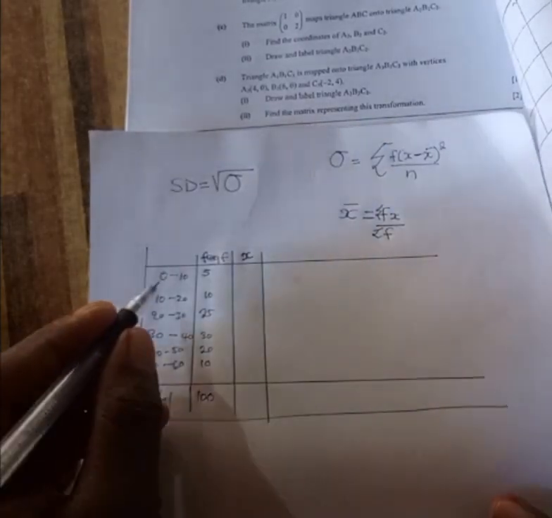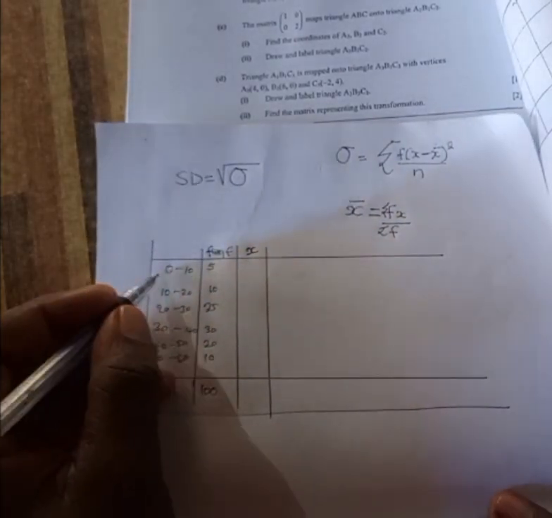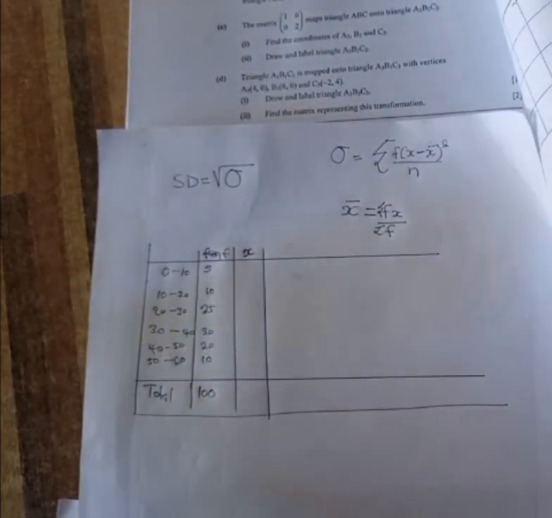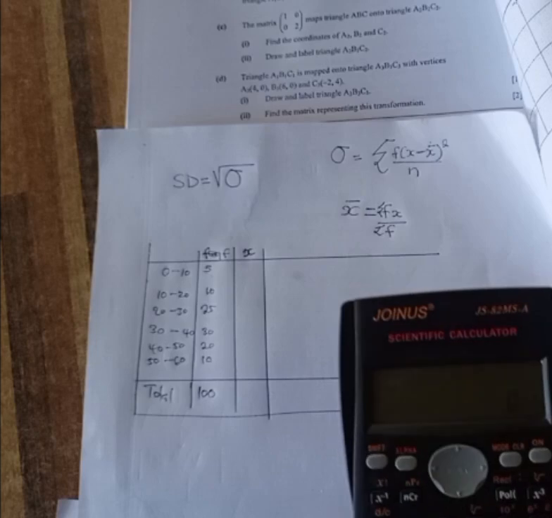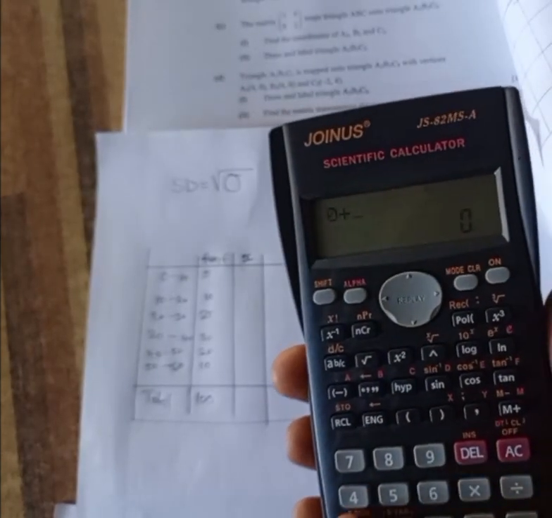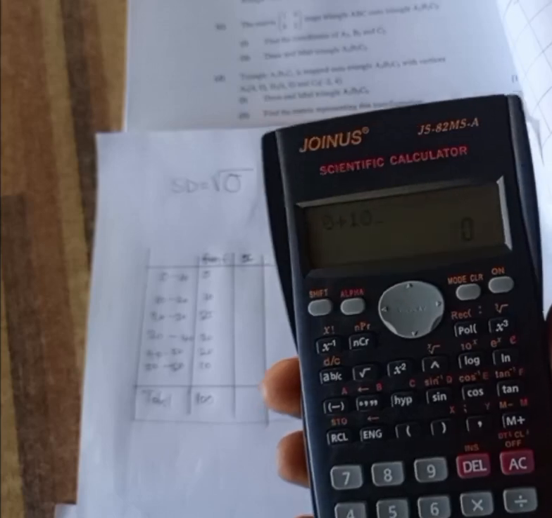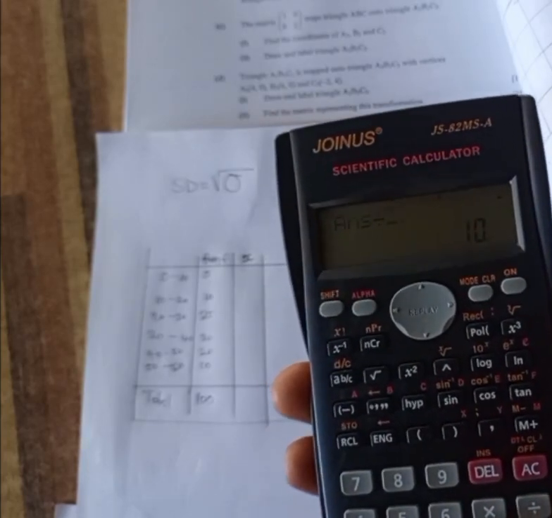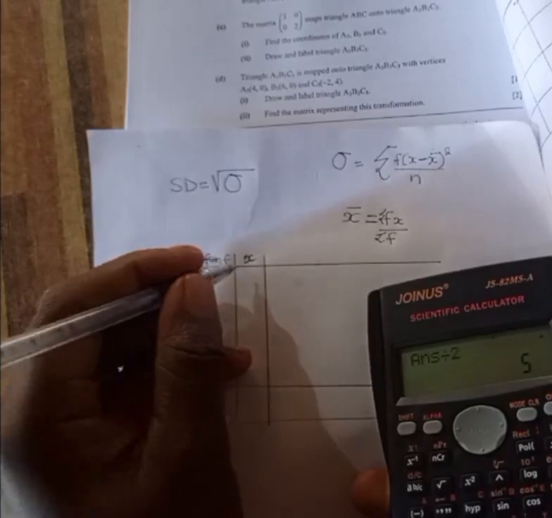Which midpoint? It is the midpoint of these values we have. Which number is exactly between 0 and 10? So you say 0 plus 10, then whatever you get, you divide by 2. So there, it will be 5.